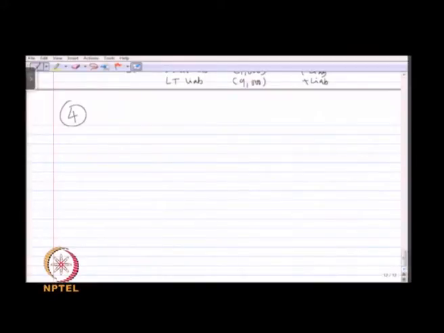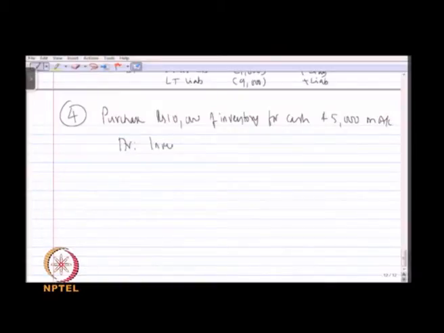Let us say after this, the same firm purchases rupees 10,000 of inventory for cash and 5,000 on account. So, inventory is the accounting head and the value is 15,000 increased in asset, and here again is a typical case where you will have more than one entry on the credit side.